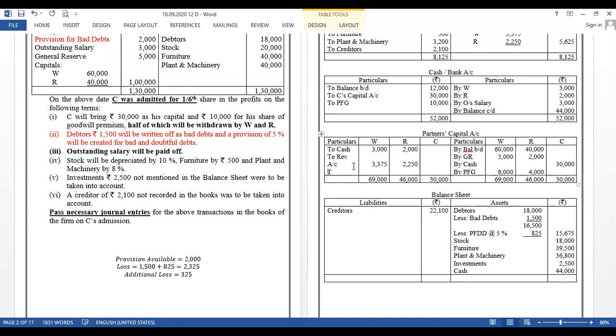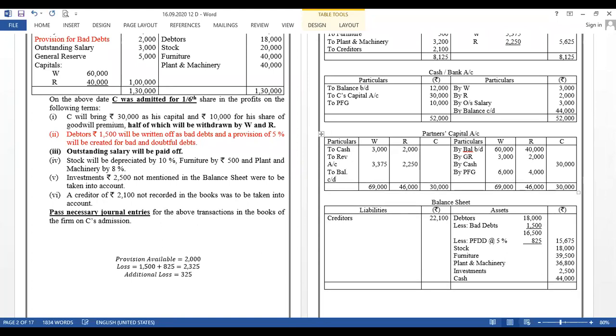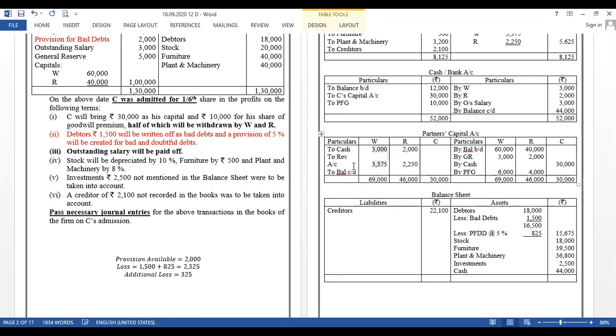So let me write there, balance c/d, the closing balance. Get the difference, please. 69, 63, 62,625. That's fine. 46 minus 4, 42, 41,750, and over here for C 41,750.